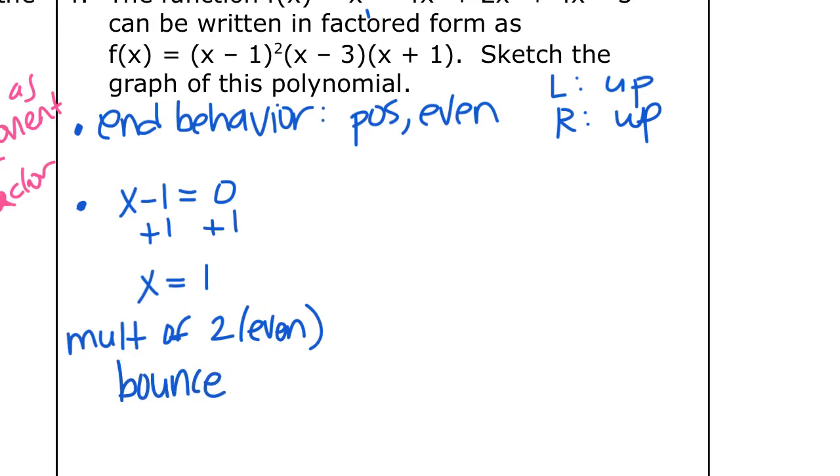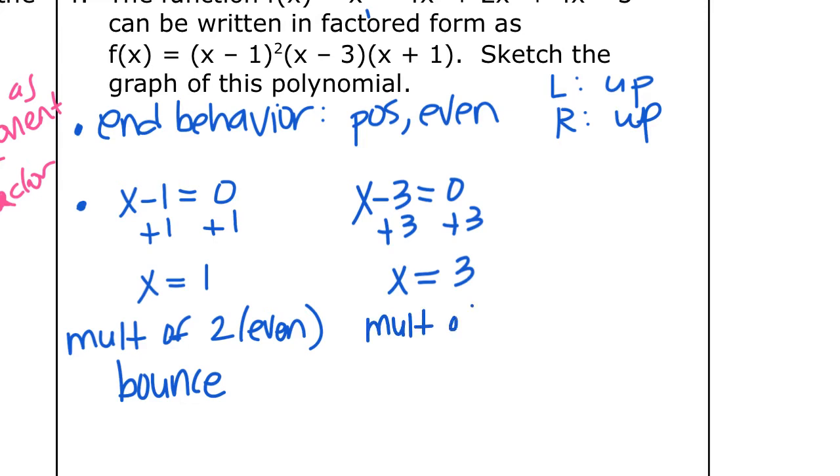Okay, our next factor, x minus 3, set it equal to 0. So then I get x equals positive 3. This time, it doesn't have a power associated with it, so we know that it's just power of 1. So multiplicity of 1, which is an odd number.